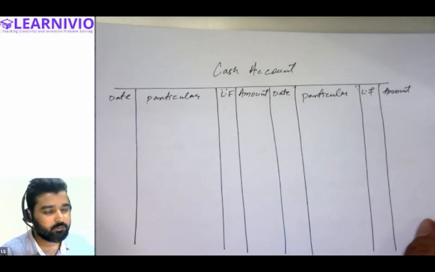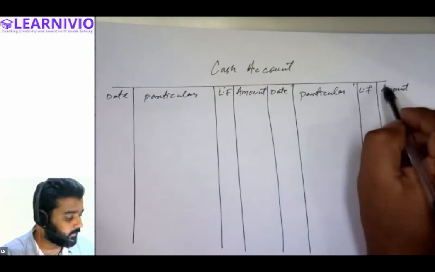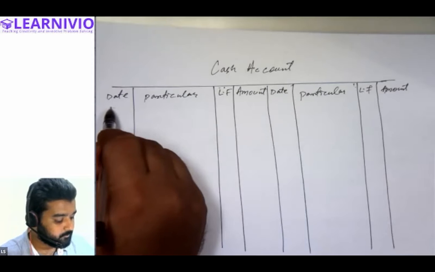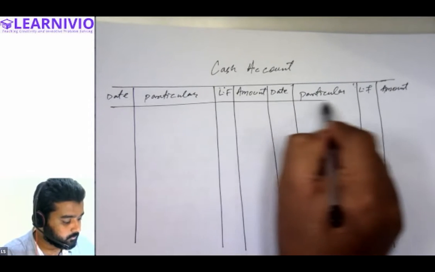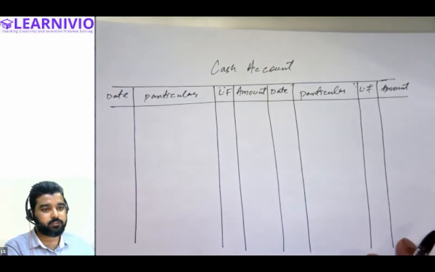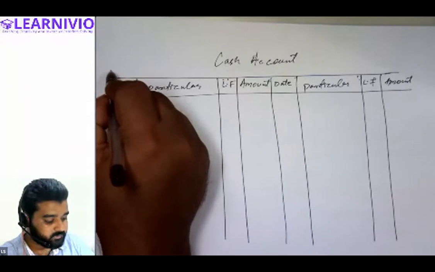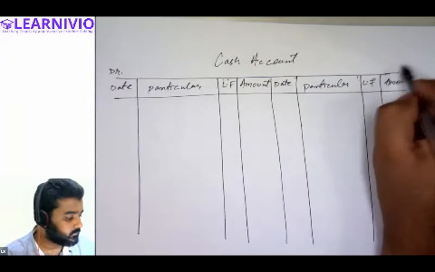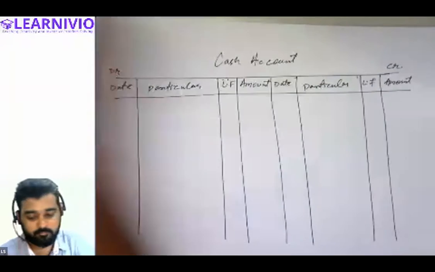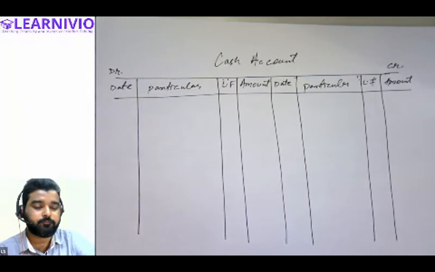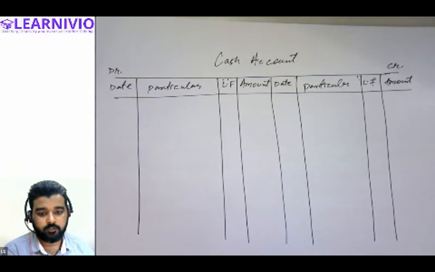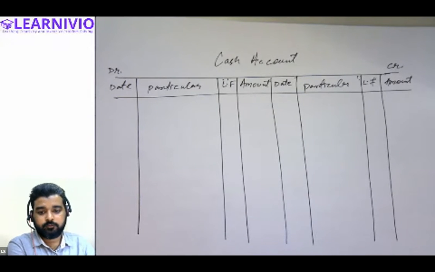These are the columns that we are required to prepare. Okay, so this is how the cash account looks like. This is basically the debit side and this is the credit side. Okay, so everyone, have you drawn this table?